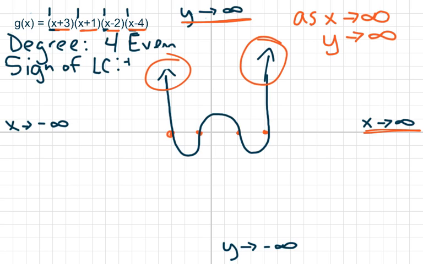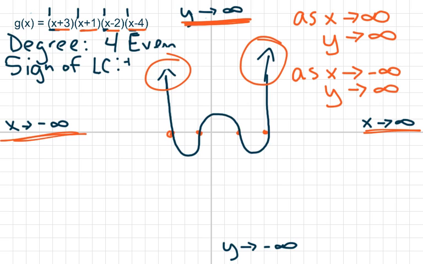And as x approaches negative infinity, y is again approaching positive infinity. So that is our end behavior. Pause, look through it, make sure you understand where each thing is coming from, rewind if you need to. That's how we can tell end behavior and make it easier to write by putting these on our axes when we get started.